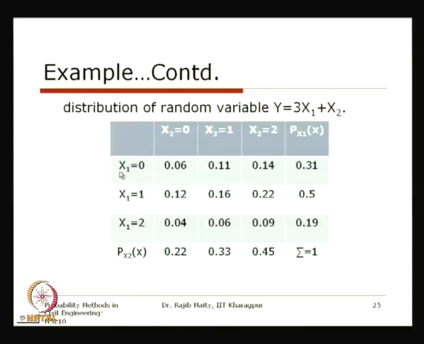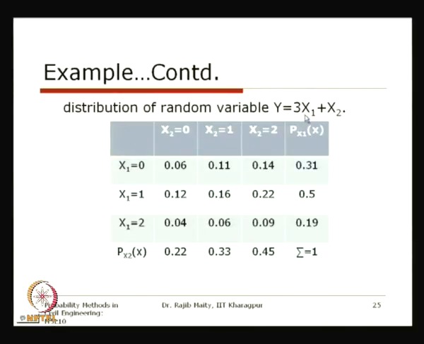When x1 equals 0 and x2 equals 0, it is 0.06; when x1 equals 0 and x2 equals 1, it is 0.11. Like this, a 3 by 3 matrix is given here. The last column is the marginal of x1 and this is the marginal of x2, and obviously the total summation will be equal to 1. So, to know the marginal distribution of y, since this is only a 3 by 3 matrix, we can easily take the specific values that y can take.